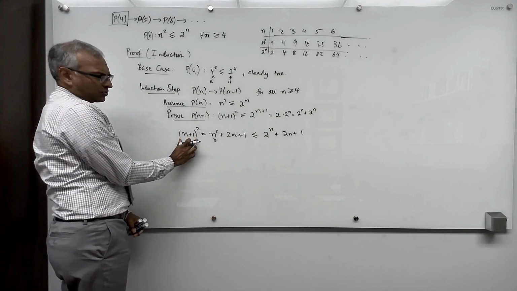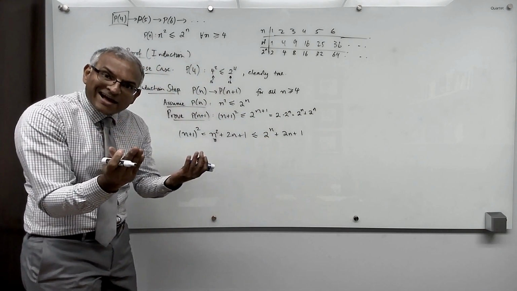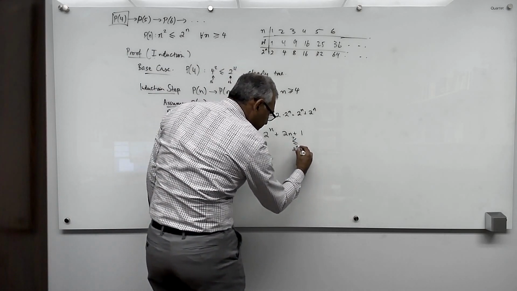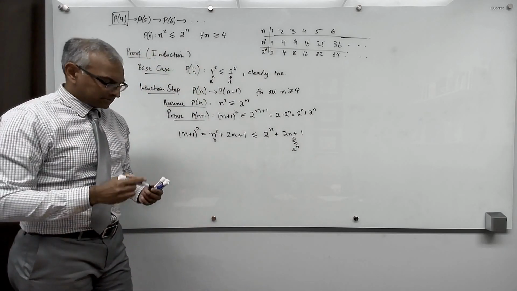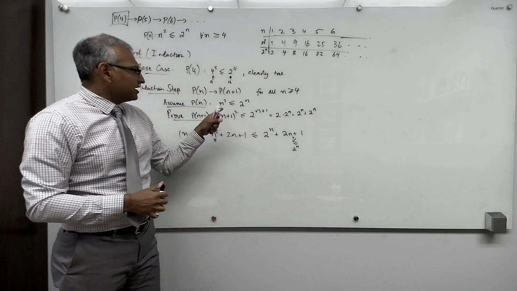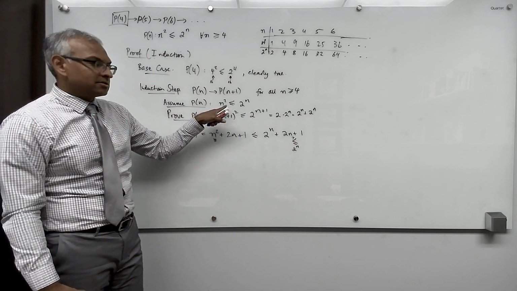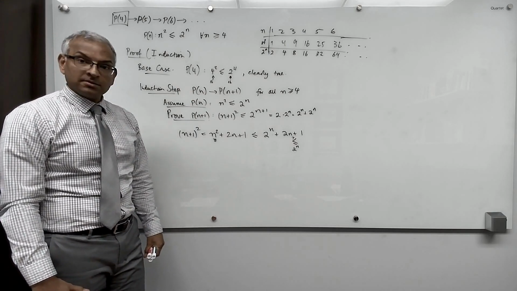And here I've got (n plus 1) squared is less than or equal to 2 to the n plus something else. And I would be done if this were less than or equal to 2 to the n. I would be done, because then I'd have 2 to the n plus 2 to the n. But I didn't get to assume that. I only got to assume that n squared is less than or equal to 2 to the n. Okay? So what do I do now?